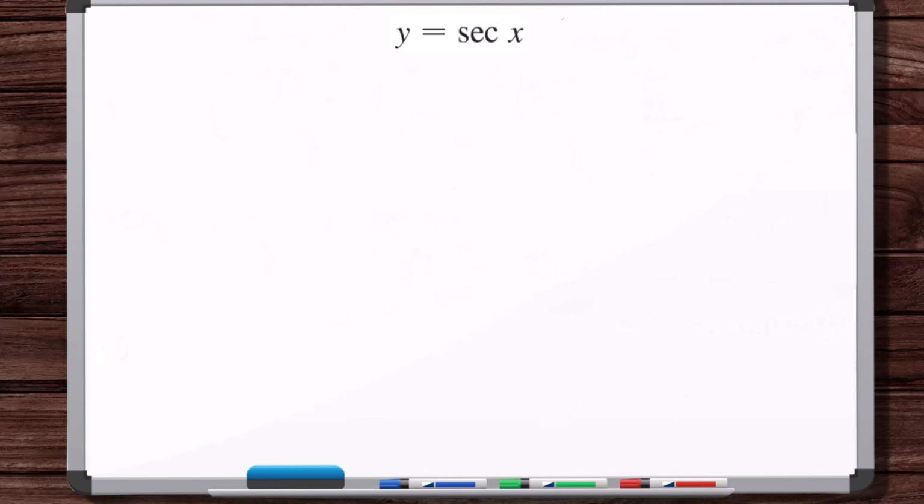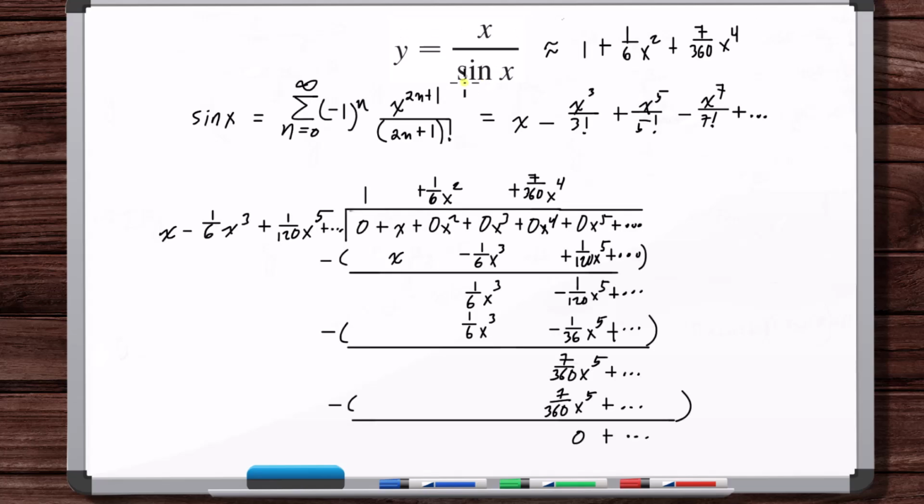Okay, secant x, you can think about, if we had done this problem first, then we could have come here and multiplied the result we got by x, because 1 over sine x is secant x.